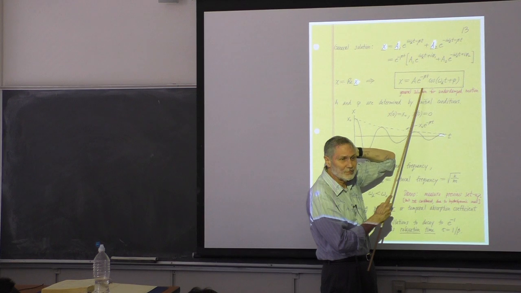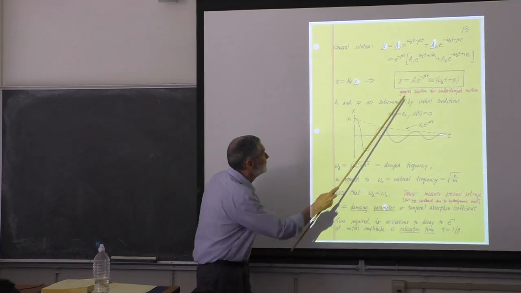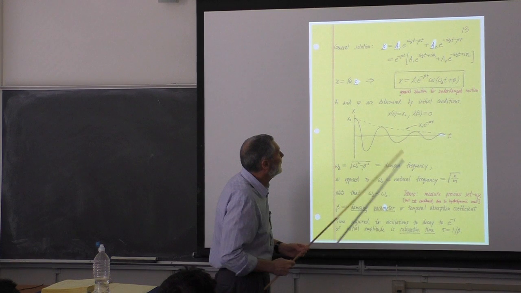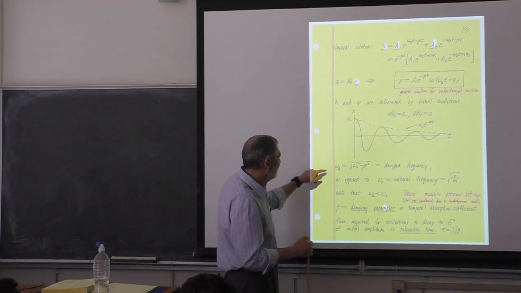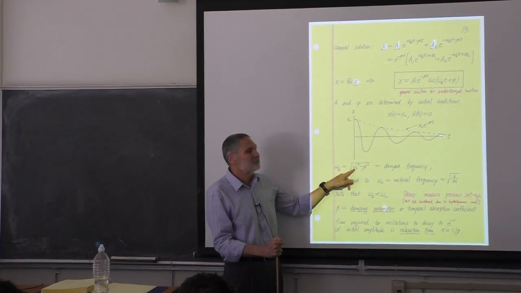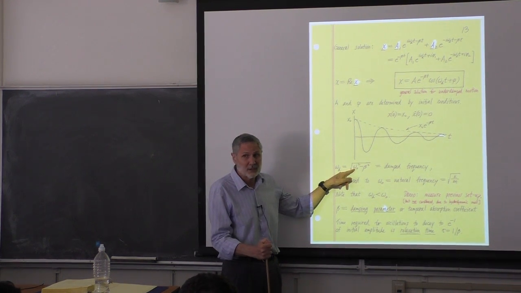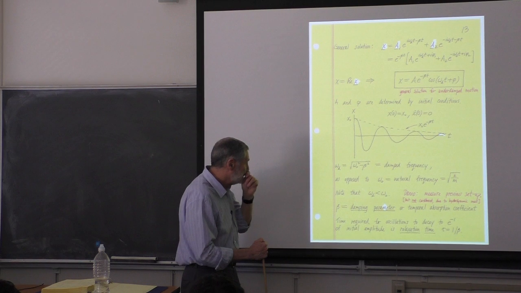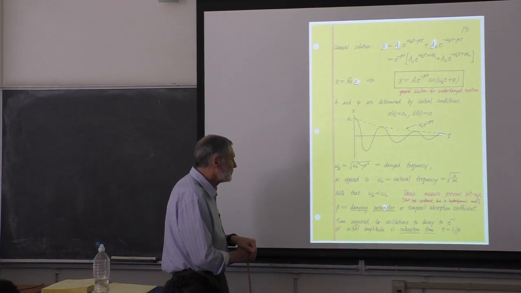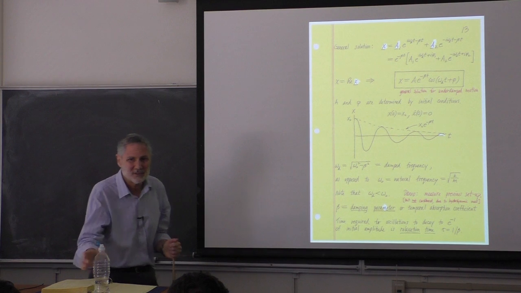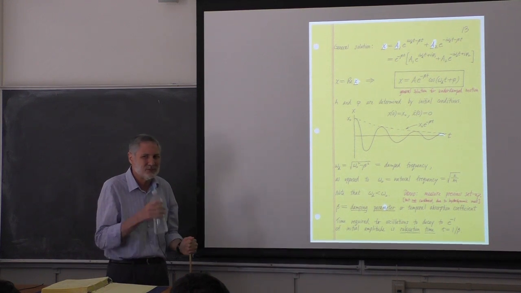That's the way often people look at it. So there's this envelope, and the amplitude is going down. And the frequency is less than the natural frequency, or the undamped frequency, omega naught, the square root of k over m. Which is reasonable. I think you'd expect that the damping is going to reduce the frequency.